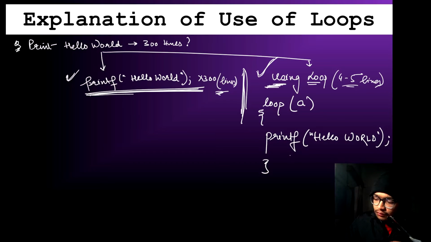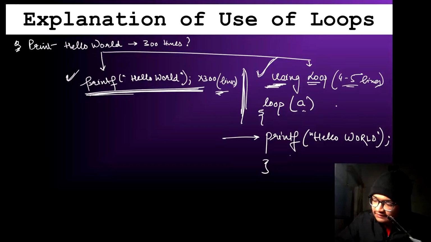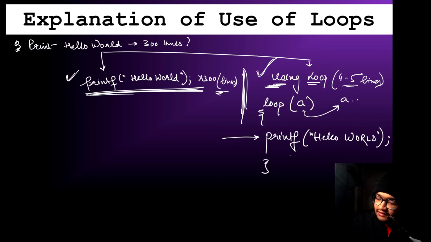So what will this do? This will print hello world on the screen a times. What is a? We will just write a equal to 300 before this loop. So a has a value which is 300, so this loop will run 300 times, depending upon the value of a.